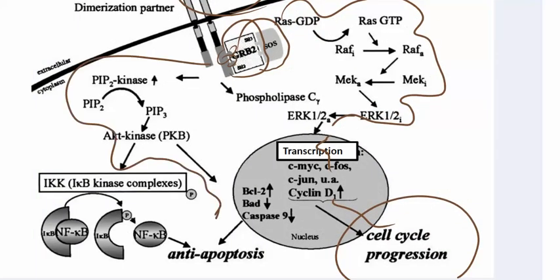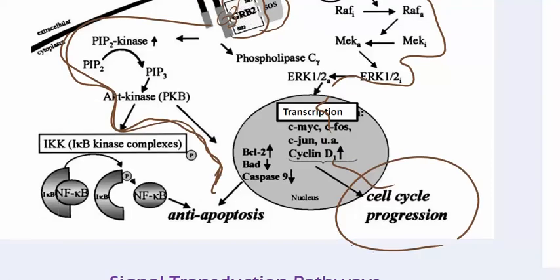Then with this pathway here, I'm going to point out some of the things that I feel are critical, so you don't need to know every one of these little things. In this pathway, it prevents apoptosis, so it's anti-apoptotic.